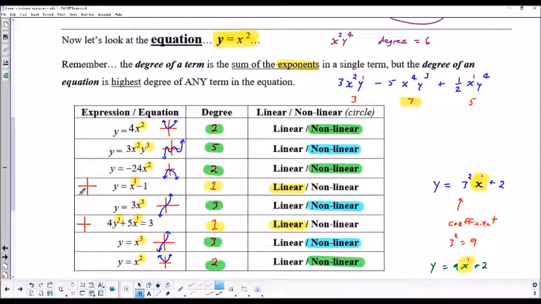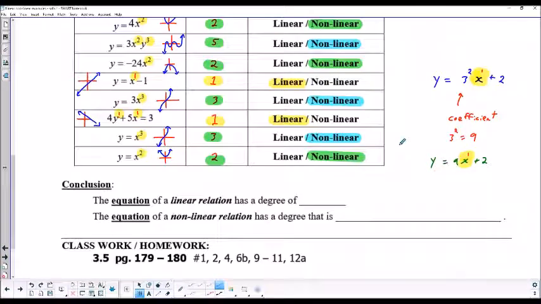So this one looks something like this. Whoops, it shouldn't go through the origin, so that's my bad. Actually, maybe I'll just redraw that one. There, that's better. And this one will look something like this. Okay, so linear has a degree of 1. Nonlinear has a degree of anything but 1. Okay, so that's the big takeaway here.